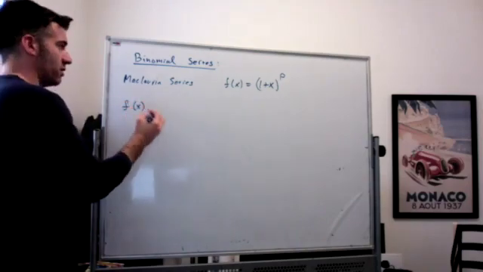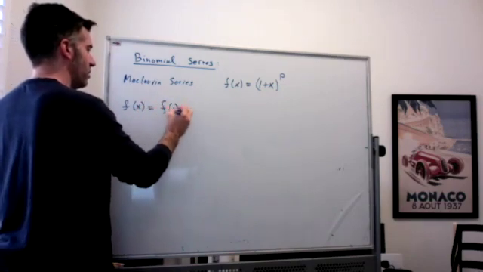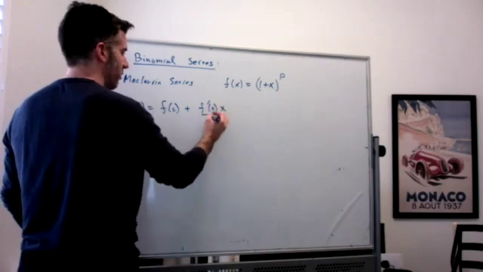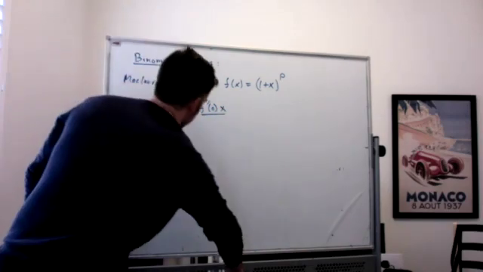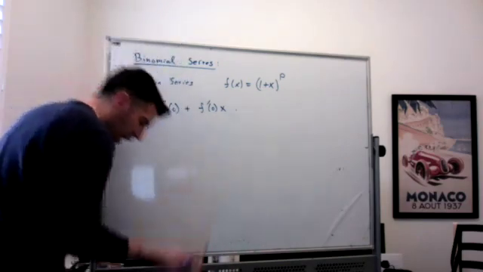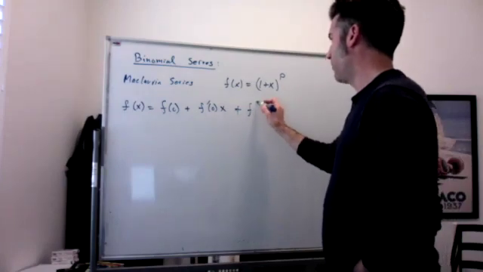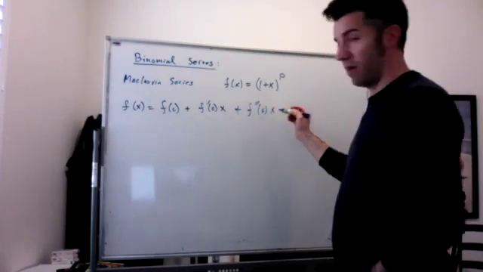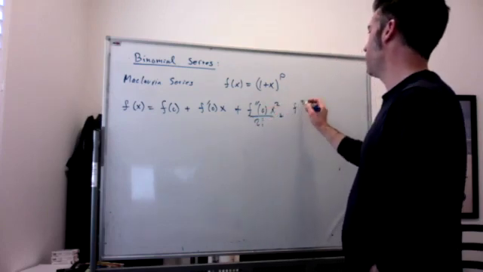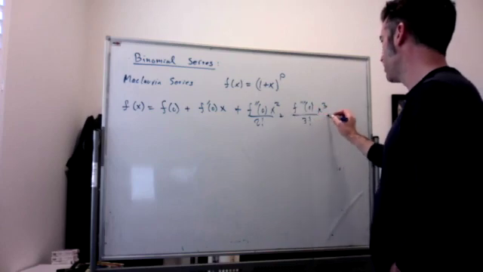Here's what I know. The Maclaurin series is the usual deal: f of 0 plus f prime of 0 times x over 1 factorial, plus f double prime of 0 times x squared over 2 factorial, plus f triple prime of 0 times x cubed over 3 factorial, et cetera.